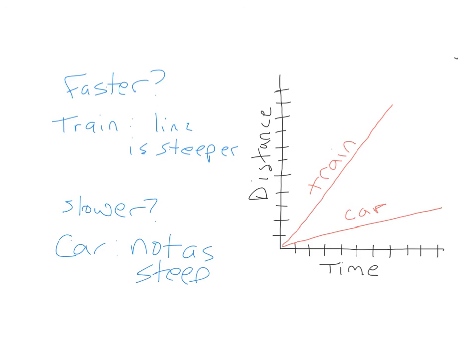It's flatter if you want to think of it that way. So again, the steeper the line, the bigger the slope. The flatter, or shallower, line has less slope.